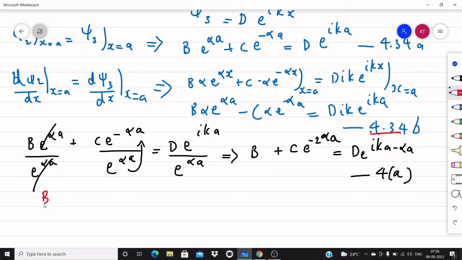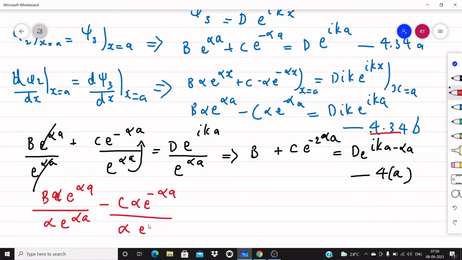So b alpha e raised to alpha a divided by alpha e raised to alpha a, minus c alpha e raised to minus alpha a divided by alpha e raised to alpha a, is equal to d i k e raised to i k a divided by alpha e raised to alpha a.